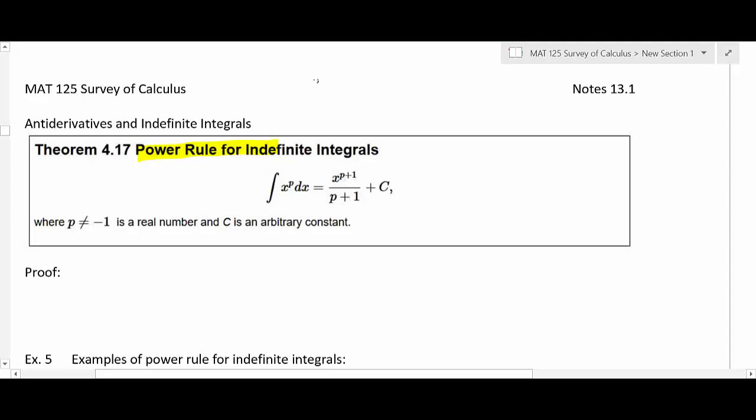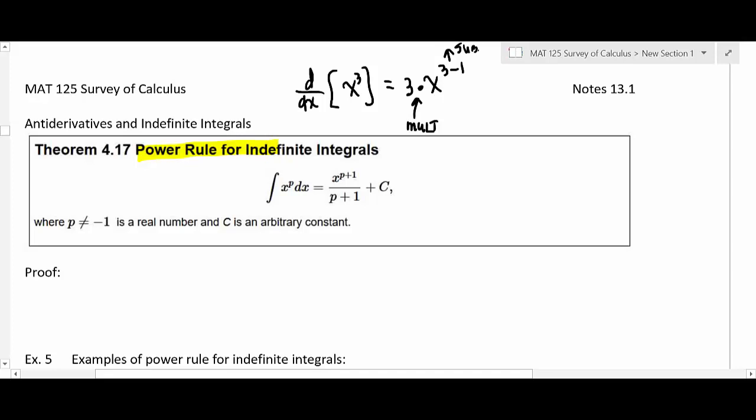Let me explain something about this. Remember, we're going backwards now. If you were doing a derivative of x to the third, what did you learn to do? You learned to bring that down and multiply, and then subtract 1 from the exponent.